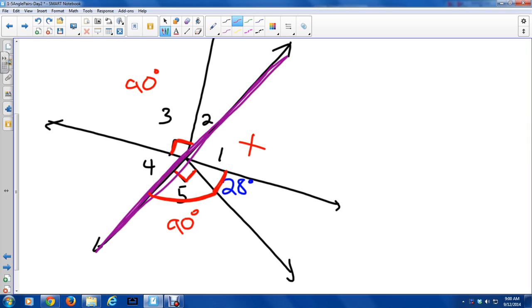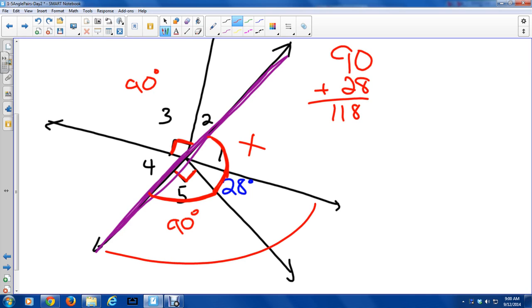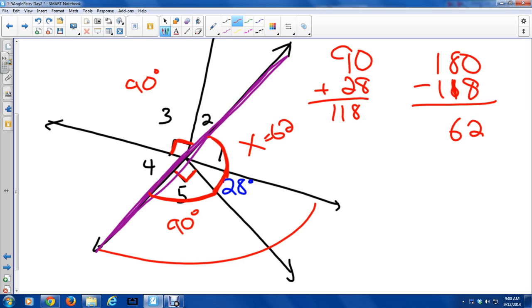So if we know the whole thing is 180 degrees, we can add the 90 and the 28, get 118 for this part, and then subtract that from 180. Ooh, my bad, and we get 62. And then it tells us that this guy here is 62 degrees. And now we know all three of those on that side.